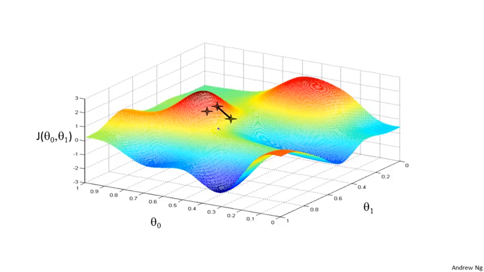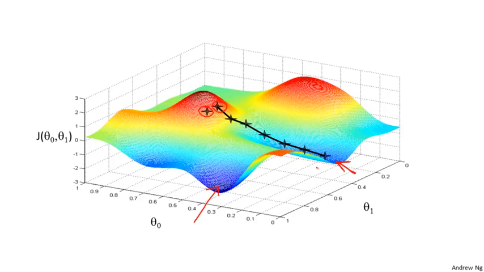Then look around, take another step, and so on. And if you started just a couple steps to the right, gradient descent would have taken you to this second local optimum over on the right. So if you had started at this first point, you would have wound up at this local optimum. But if you started at a slightly different location, you would have wound up at a very different local optimum. And this is a property of gradient descent that we'll say a little bit more about later.